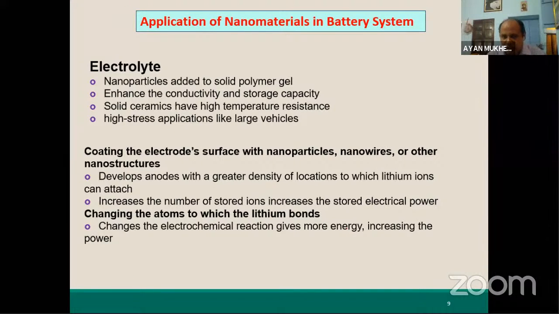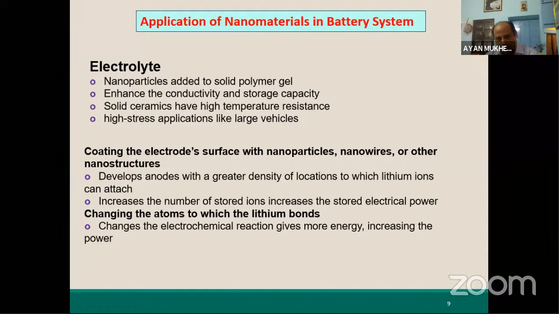Secondly, nanomaterials, as their properties are different from the bulk, can increase temperature resistance and high stress tolerance, which is very important when we use this lithium ion battery in different vehicles. Also, the coating of the anode and cathode helps us if we use nanomaterials or nanowires.